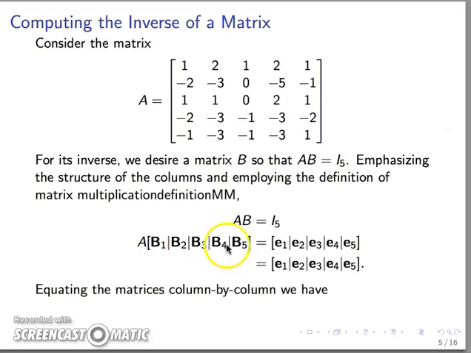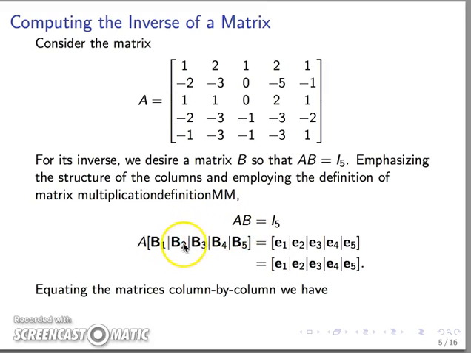So let's examine the left side. This is a column partition, right? If we were dealing with B with n columns, we would have to write more columns. But in this case, we're illustrating this for the case in which B is the inverse of A, so it is going to have as many columns as A has.